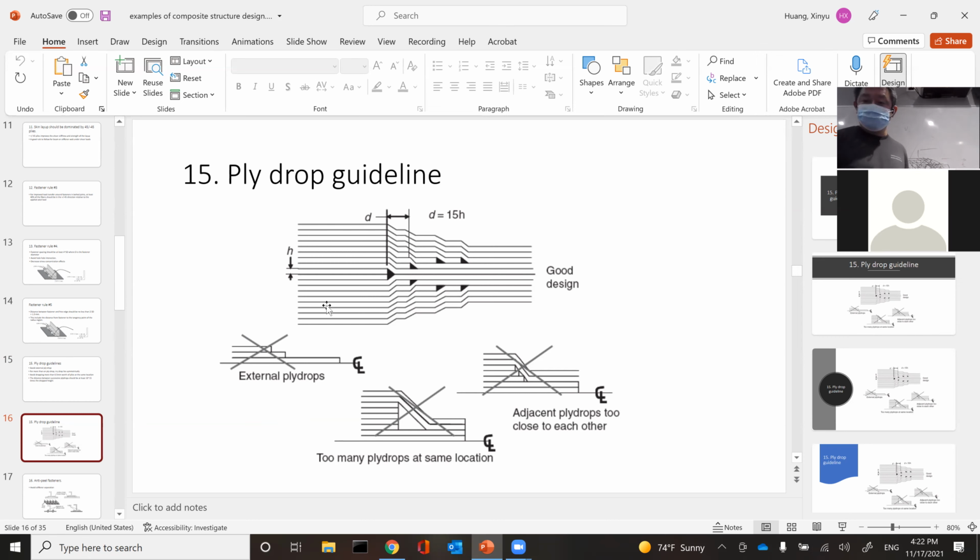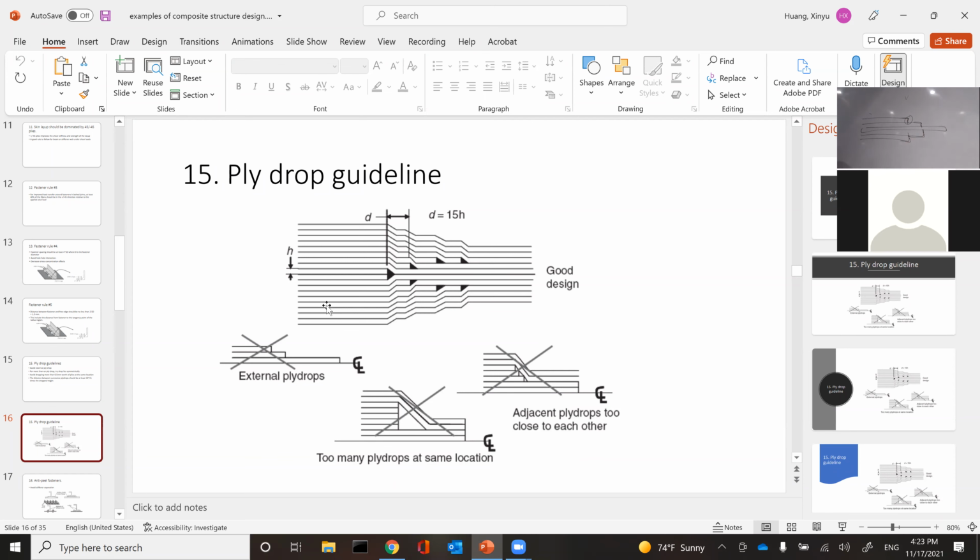Let me draw an external ply drop. Let's see if you can see this. External ply drop is, let's say I want to make a transition from this. This is the external ply drop because the free drop is on the outer surface.